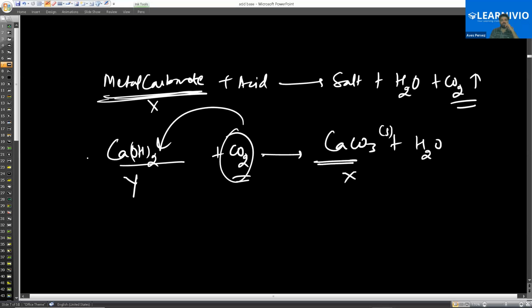Next, he is saying that a gas G is obtained at the anode during the electrolysis of aqueous brine. So what is brine? Brine is NaCl plus water.